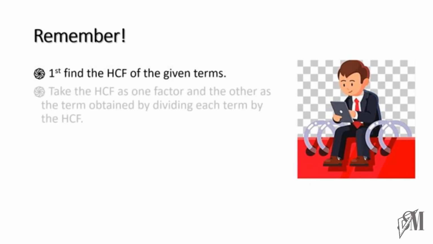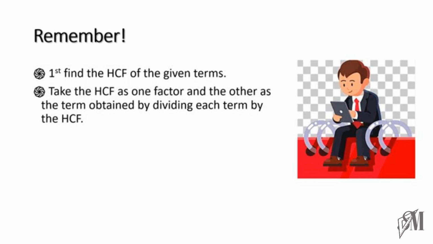So you have to remember few things when you factorize algebraic expressions. The first thing is find the HCF of the given terms and then take the HCF as one of the factors and the other factor you have to find out by dividing each term by the HCF.